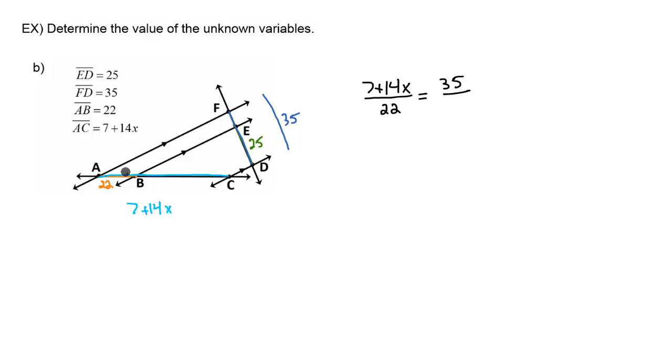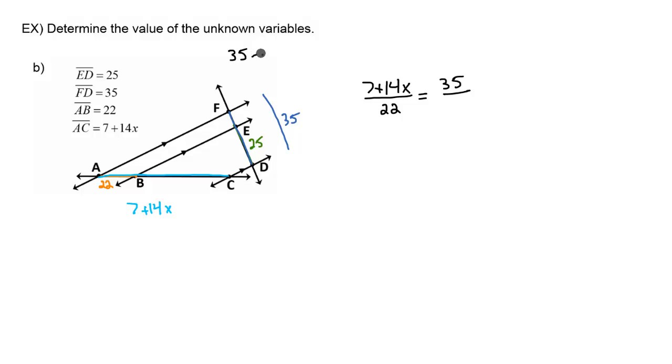So 22 is this little section over here, which is FE right here, but we don't have FE. So what can we do? Well, FD, this entire big side, is 35. So if I take 25 from 35, I'm left with this little part right here, right?